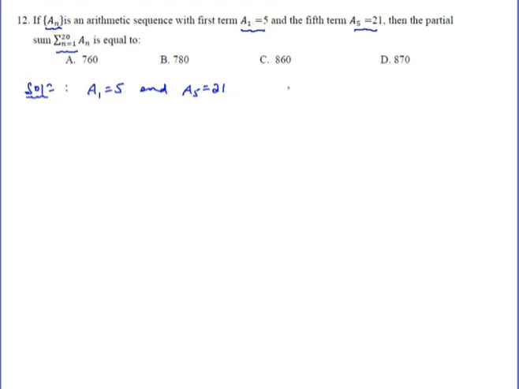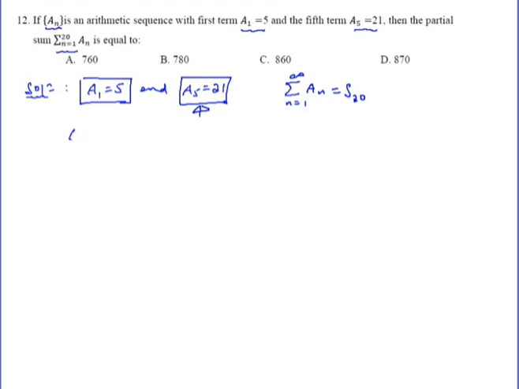The required thing is the sum of the first 20 terms, which is given by this symbol. Sometimes we can express this by S20. We have the first term, so what else do we need? We need the common difference. We get the common difference from this.